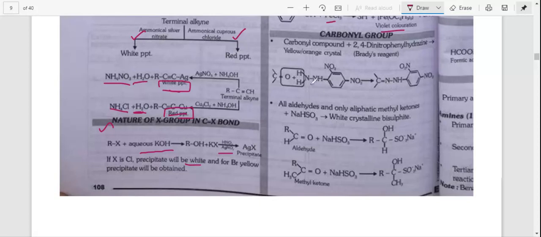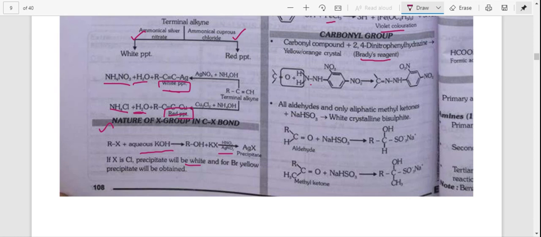One NH is there and it is replaced here. So carbon and H2O are removed from here, and the carbon is joined to the nitrogen. So this is the compound it is giving. And what is this 2,4-dinitrophenylhydrazine? This is Brady's reagent. So for distinguishing carbonyl group, we will use Brady's reagent.